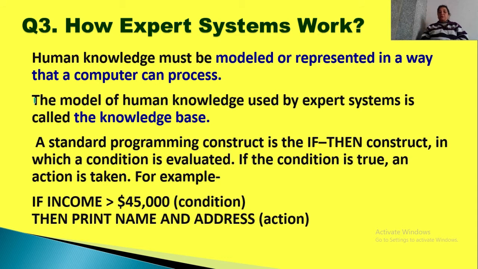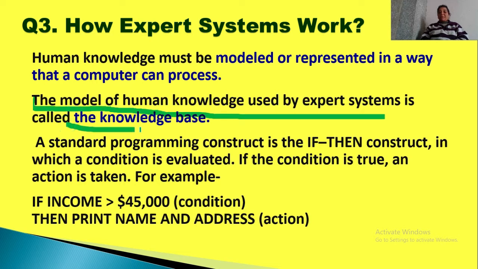The model of human knowledge used by expert systems is called the knowledge base. This modeling of human knowledge in expert systems is done through the knowledge base. Knowledge base is the storage area where the human knowledge is modeled or represented and stored in the expert systems.